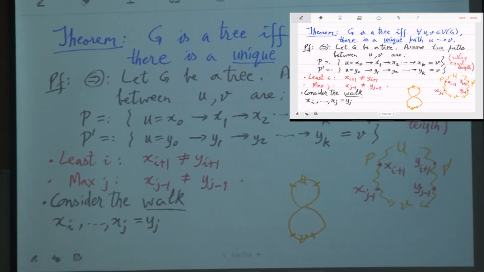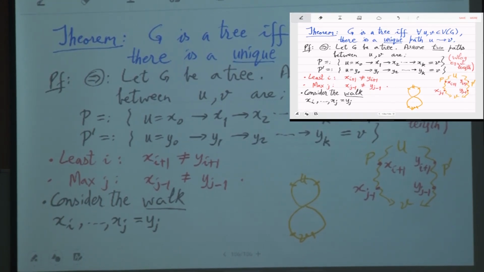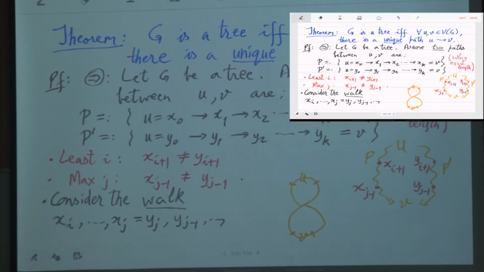This is what we have assumed, right? That j is max. So if you take j instead of j minus 1, then at that place you have the same thing. So you come up to xj, and then from there you switch to the y. So you switch from path p to p prime. And then you can traverse on the y's backwards. So y j minus 1 to yi.